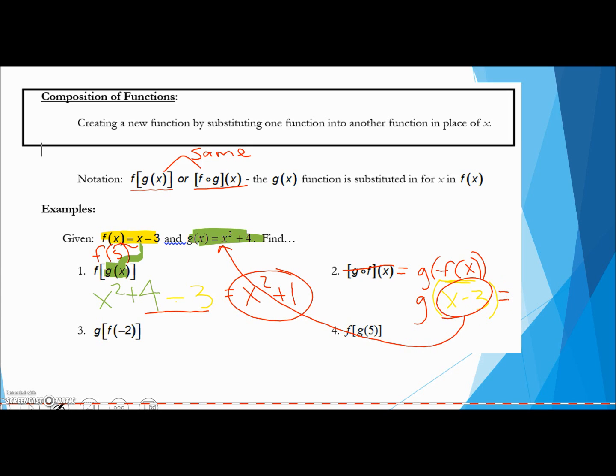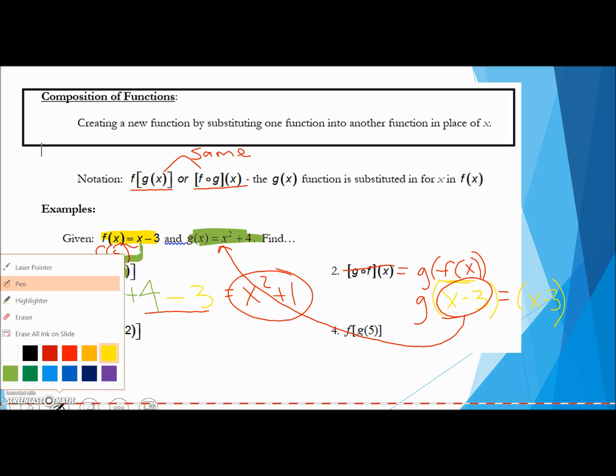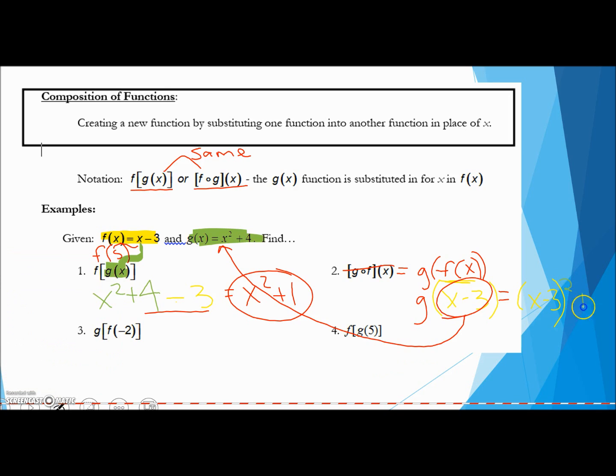So it's going to look something like this. I have my x minus 3, and then squared plus 4. Where the yellow is where the x originally was in the g function, but I just replaced it with x minus 3. Normally we replaced it with a number or something in the last page, but this time I replaced it with x minus 3.